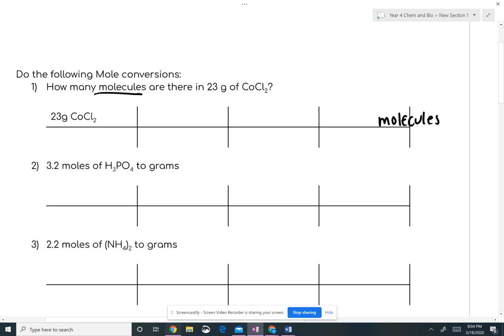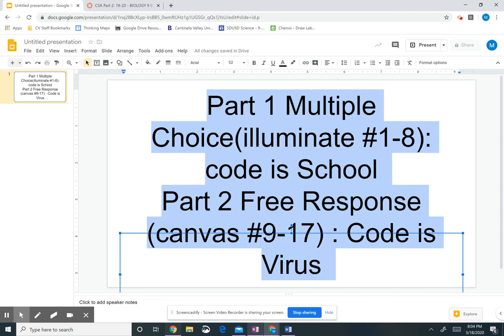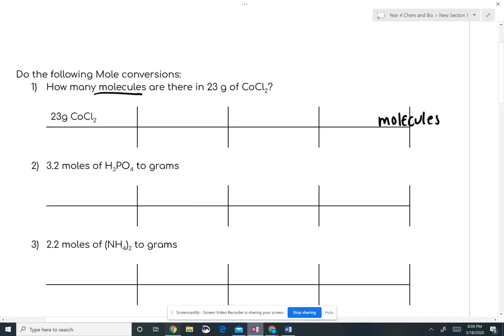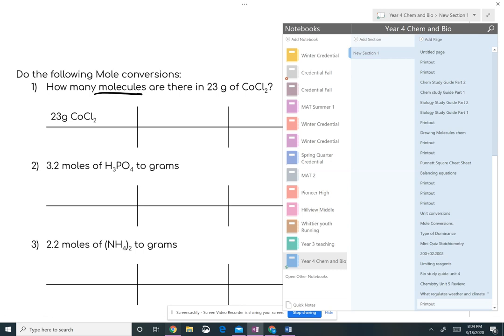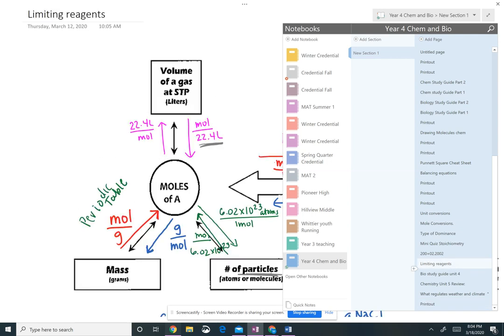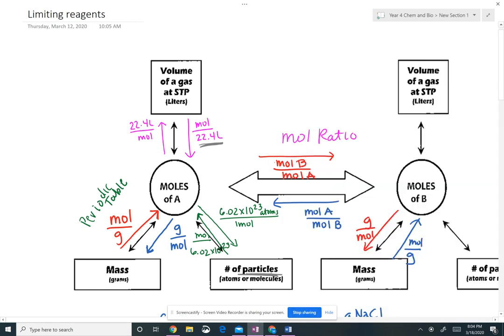If we look back at our chart, we're starting at grams, and I need to get to particles. So the first thing I need to do is go mass to moles, and then moles to particles.